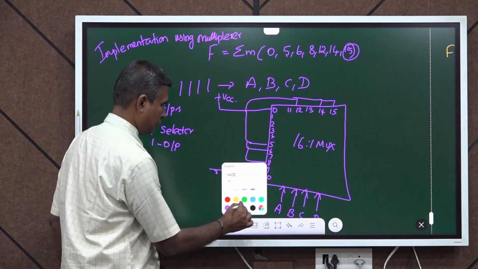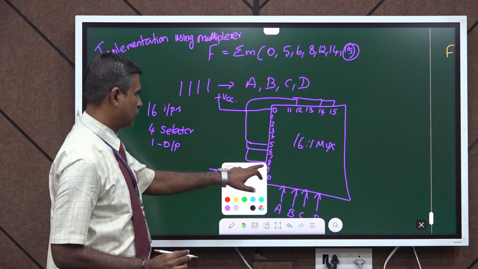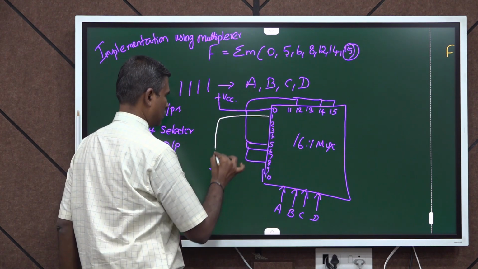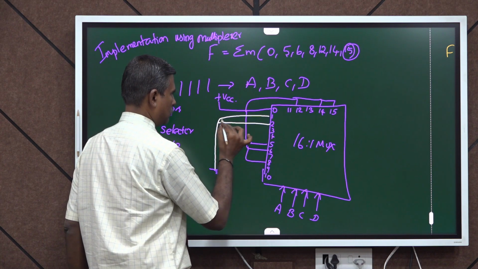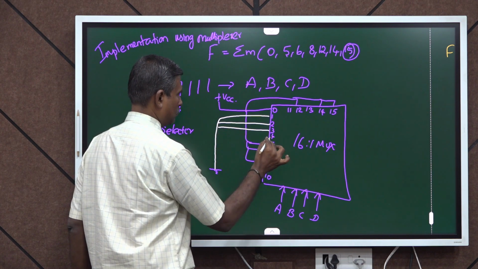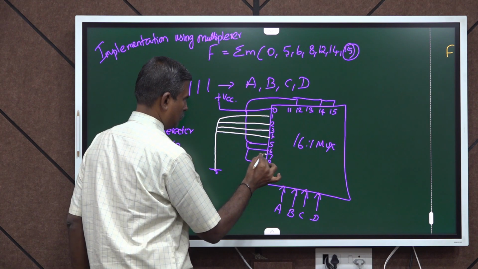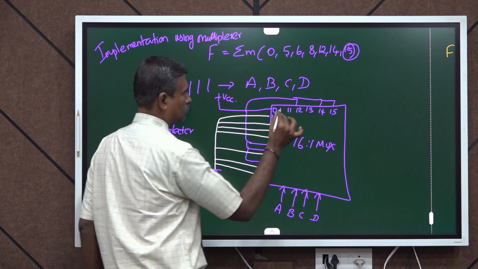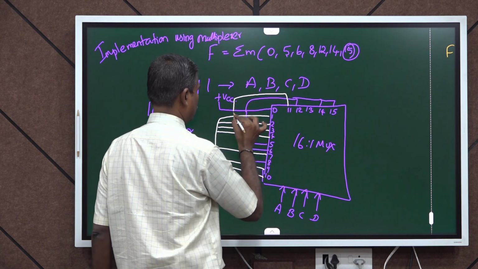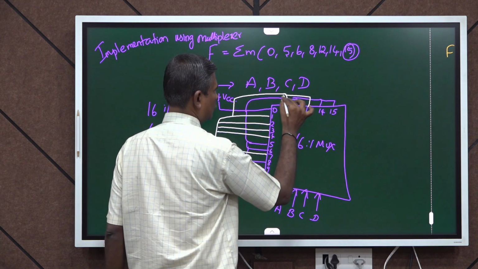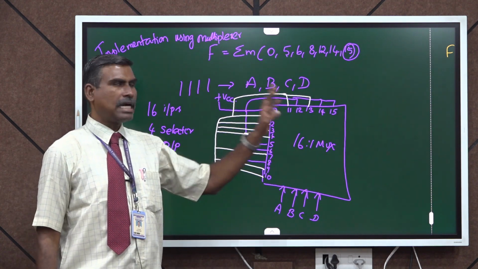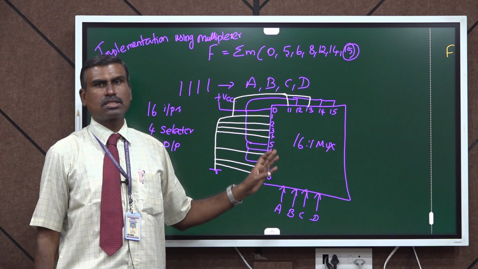Similarly, the values that are not present are connected to ground. This is the simplest one, but while considering the cost, the 16:1 mux is costlier.